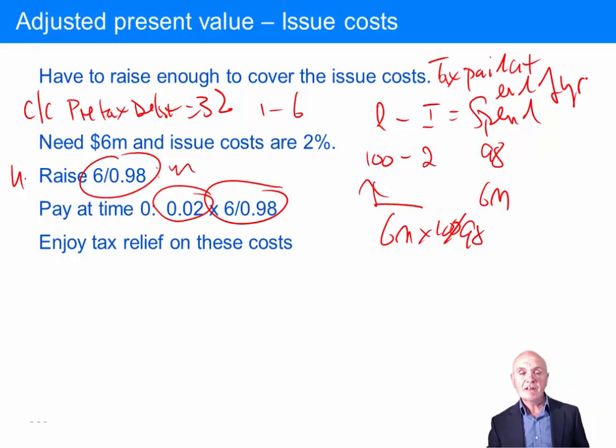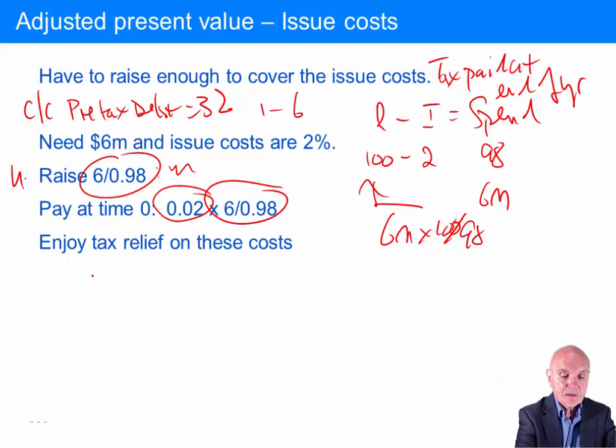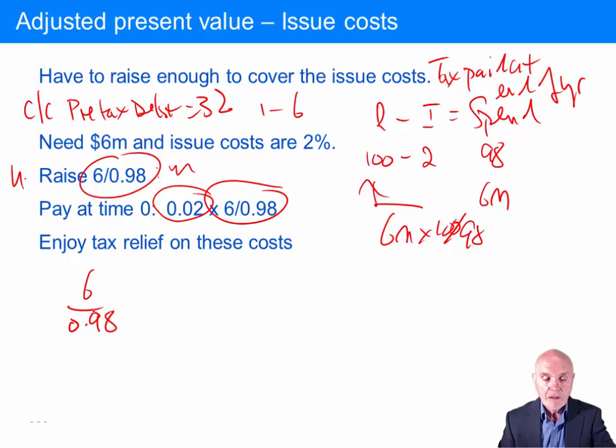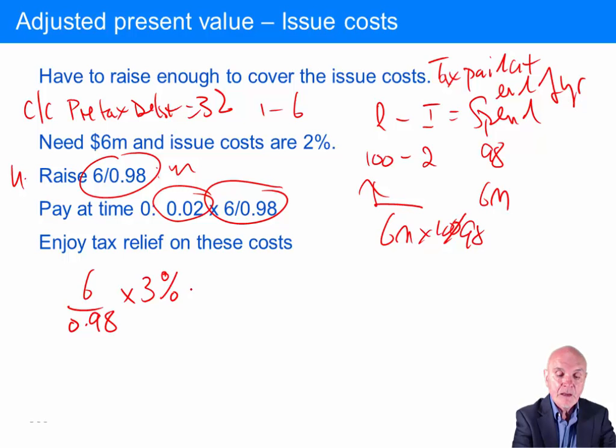What are the kind of savings that are going to be coming from this? Well, we raise 6 over 0.98. We'll say that essentially what they're paying on this is 3% per annum, the pre-tax cost of debt. So they raise that amount, they're paying 3% on that. And what they're going to be saving, do we have tax in here? We don't have tax in here.